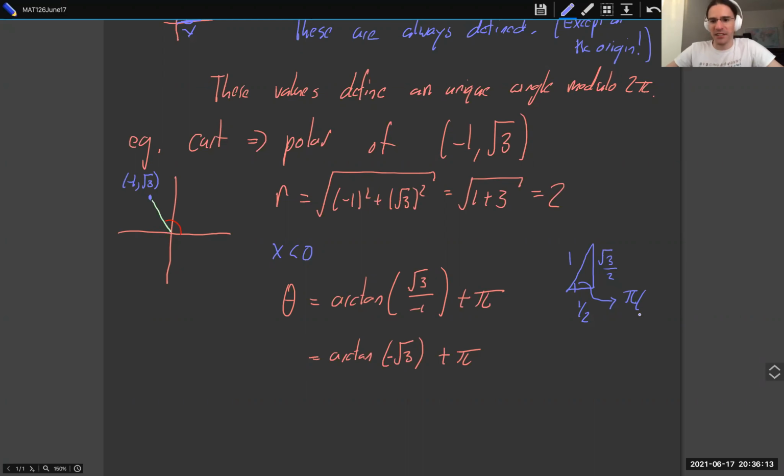Sorry, I wrote pi over 6. I meant pi over 3. But now let's look at what happens when we consider our range. Our range is here to here. So if instead we make this negative root 3 over 2, then what angle do I get here instead?